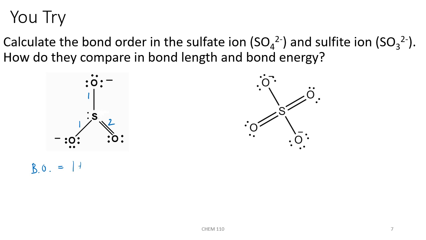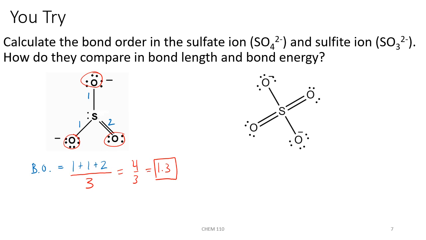So this is going to be 1 plus 1 plus 2 on the numerator, and those bonds are spread out amongst how many atoms? We have 1 oxygen, 2 oxygens, and 3 oxygens. So we have to divide by 3. In this case, our bond order will be 4/3, which is equivalent to 1.3, repeating.